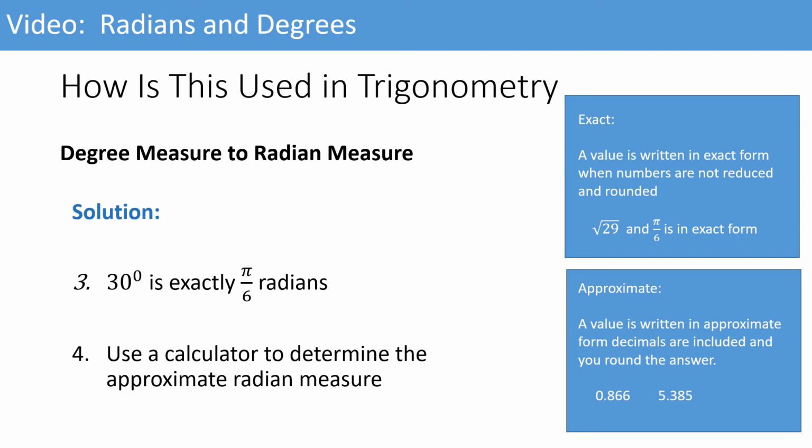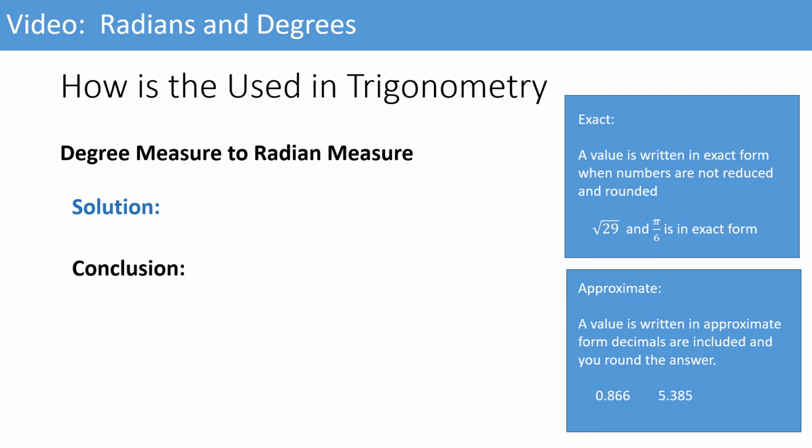To find an approximate radian measure, use your calculator. Pi over 6 is approximately equal to 0.52. Conclusion, 30 degrees is exactly pi over 6 radians.